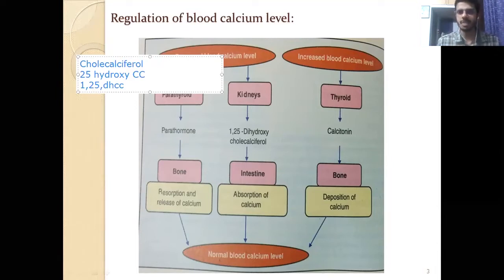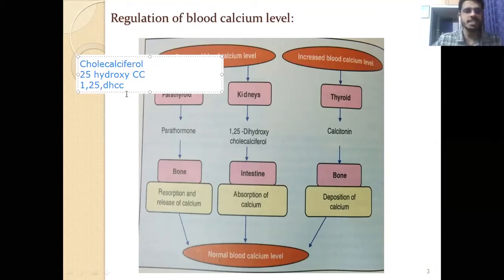This in turn gives 1,25 dihydroxy, so two hydroxy groups, cholecalciferol. Simple. Got this concept? It's basically just hydroxylation. First the 25th carbon gets hydroxylated, followed by the first, so 1,25 dihydroxycholecalciferol.